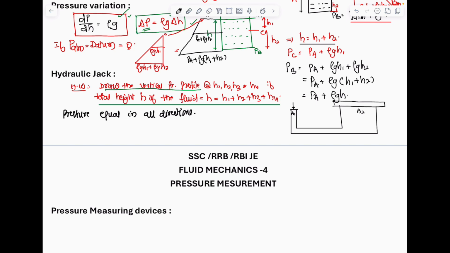And F1 normal, this is F2 normal. And what is the pressure here? Pressure P1 is equal to F1 by A1. What is the pressure P2 here? F2 by A2. But P1 is equal to P2.